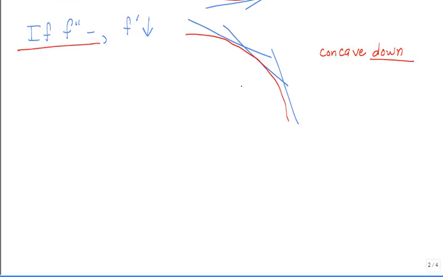Okay, let me go back and get the slopes for this. Suppose this is -1, this is -2, say this is -3. You see they are decreasing. The slopes are decreasing.